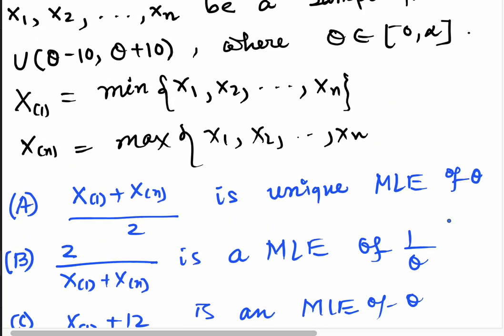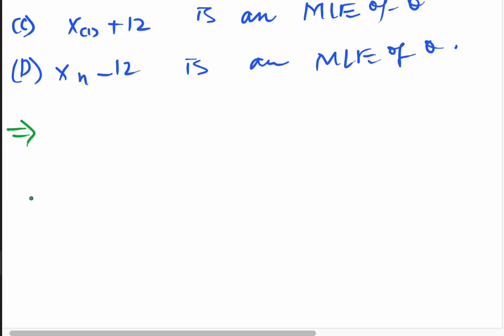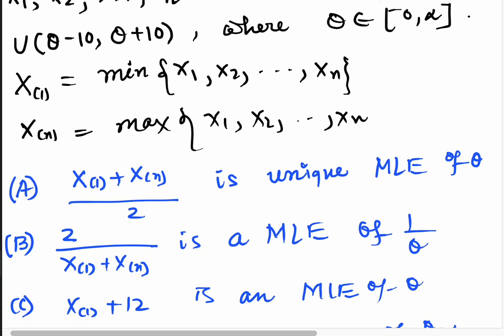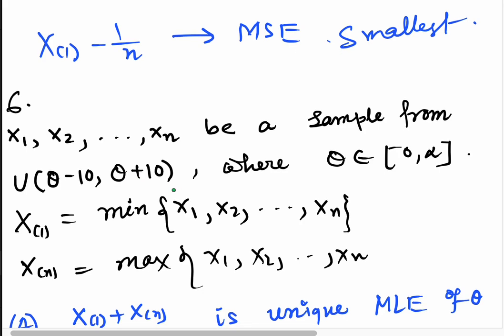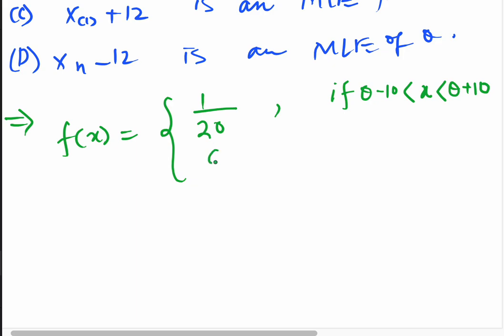So let's see, this is a uniform random variable. That means if we write the density function, f(x) will be 1/20, because (θ + 10) − (θ − 10) is 20, if θ − 10 is less than x and x is less than θ + 10, and 0 otherwise.